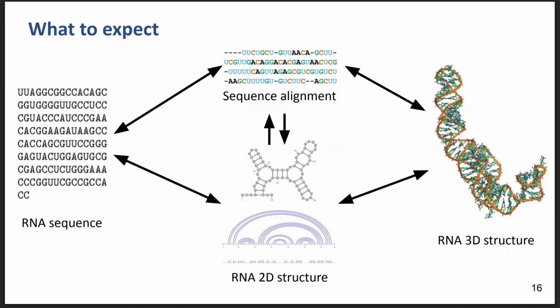And of course, another object is RNA 3D structure, which is basically a text format file of atom coordinates. We have two major 3D structure formats, PDB and mmCIF. PDB is the legacy format of the Protein Data Bank, and mmCIF is the newer format, which became the main format from 2014.